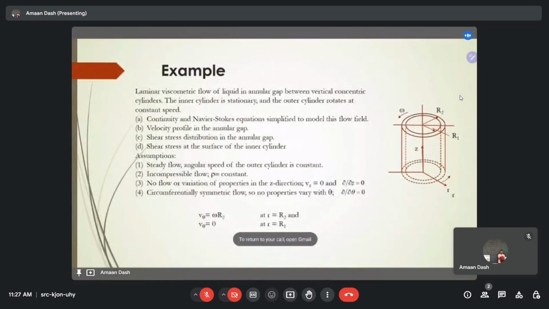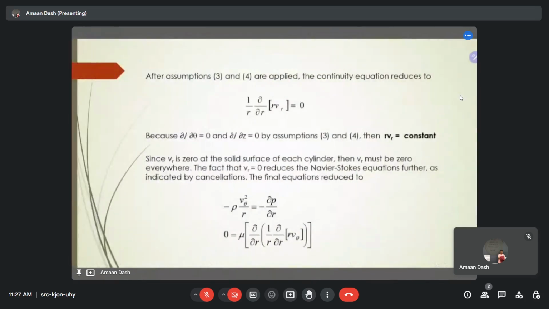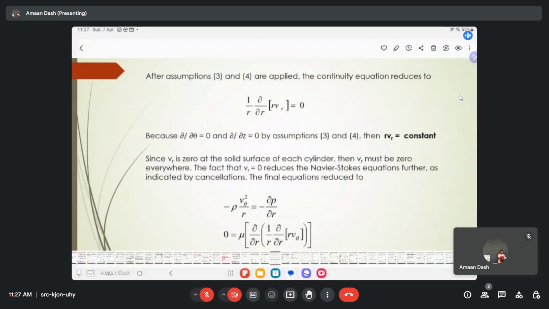Okay, so let's see. I think this question we have already discussed. So this is the continuity equation in cylindrical coordinate system, and you can cancel all the terms as you can see. Because of all these assumptions that we will be considering, we will end up with this equation.